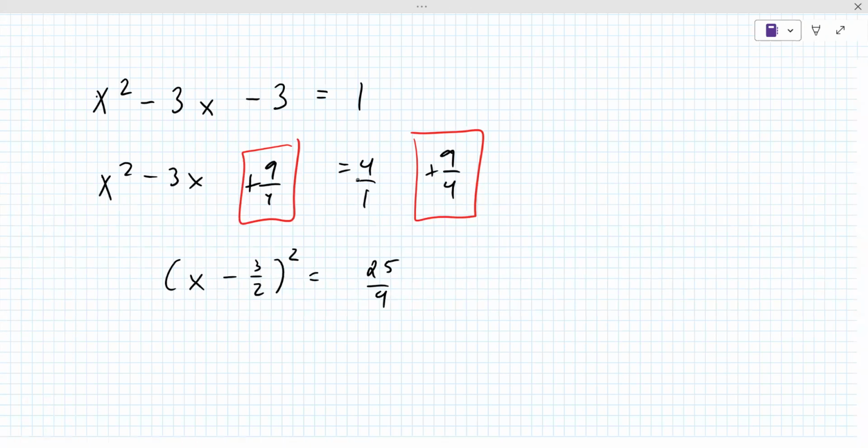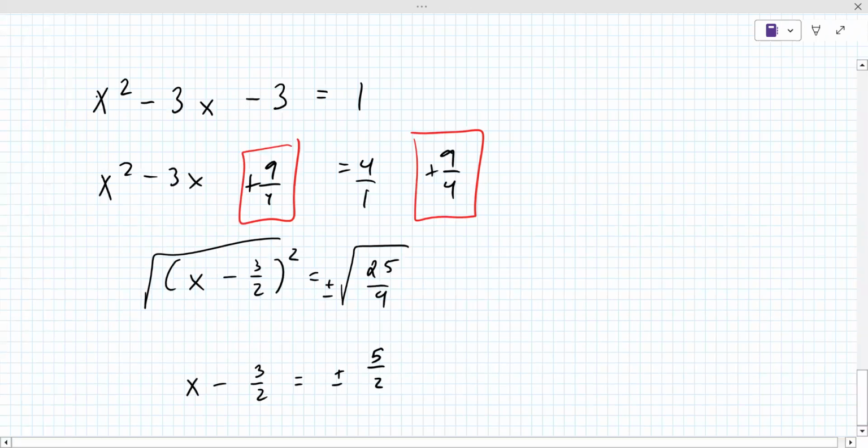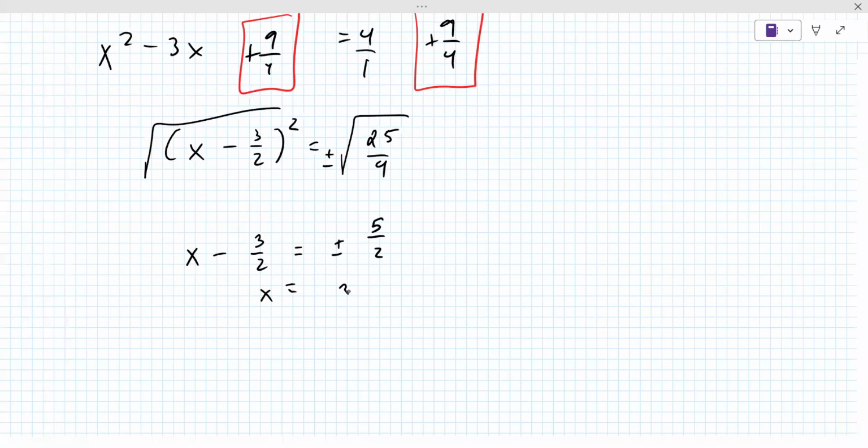That sounds a whole lot better here. Yeah. So if you're not writing the final fraction, you really probably want to try to do that. And then square root of both sides, x minus 3/2 equals plus or minus 5/2. And then, like you said here, you got to combine them together, plus or minus 5/2. So you end up getting 4 and -1, like you said.